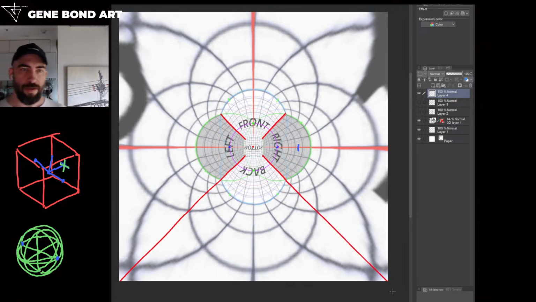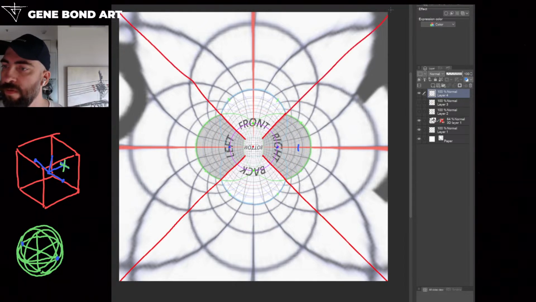So again, I just showed you what happened with the perspective grid, which is all these lines that are usually behind the picture, right? So we draw this more inner area. It really looks like some kind of sacred geometry. Very beautiful.